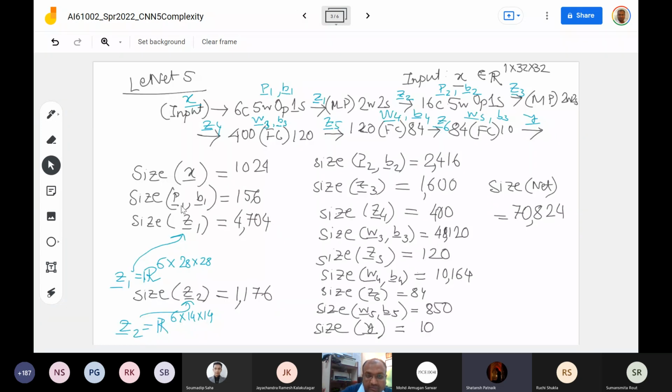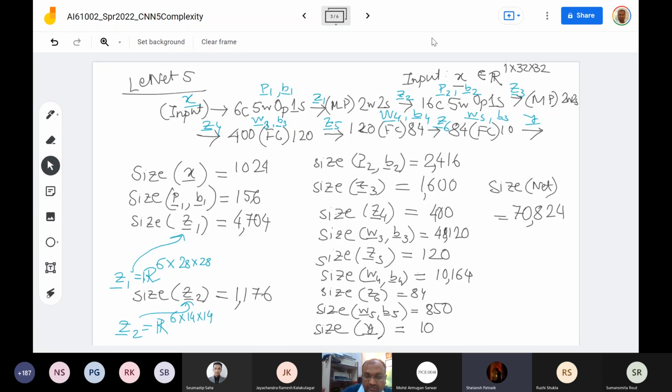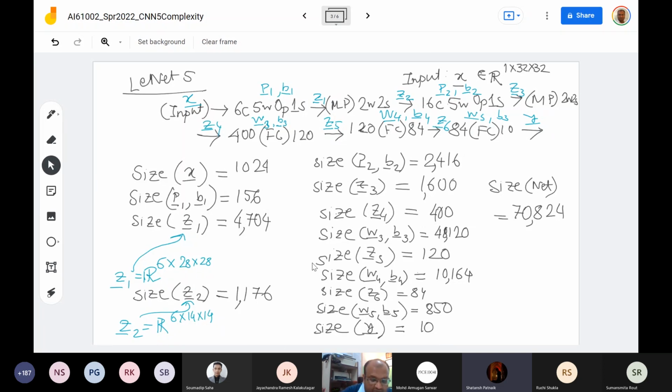So your learnable parameters are not going to change. The size which they take is going to remain the same. But for your operations, your operands over there, they will be changing. So what will be my size of all of these operations, summing to?